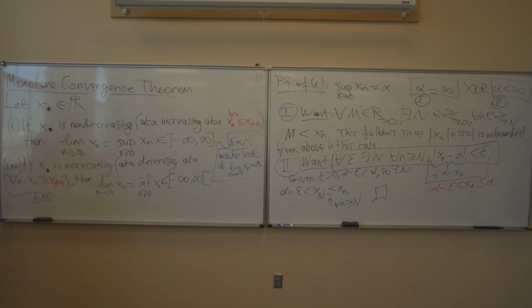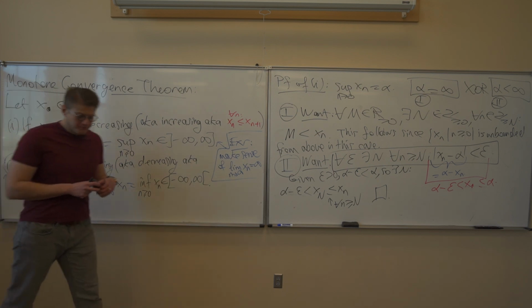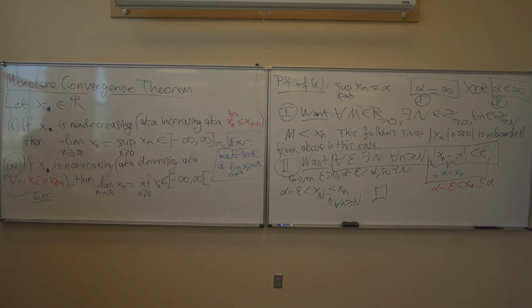Okay. So here's an application of this, which is very nice. This is now basically the monotone convergence theorem, but for subsets. Now, we didn't really talk about what it means for sequences of sets to converge, so we're not going to need it.